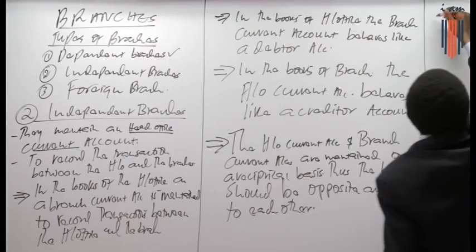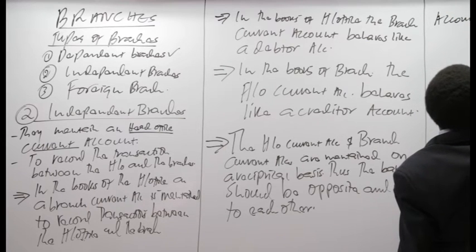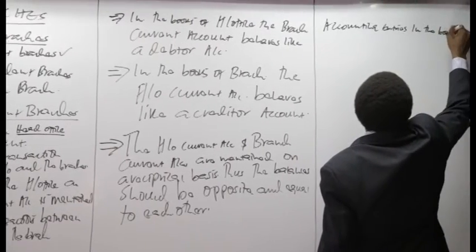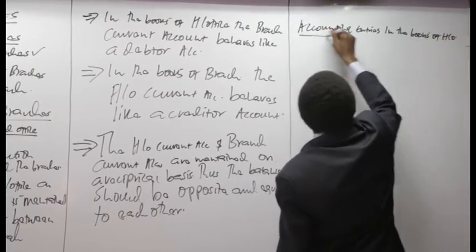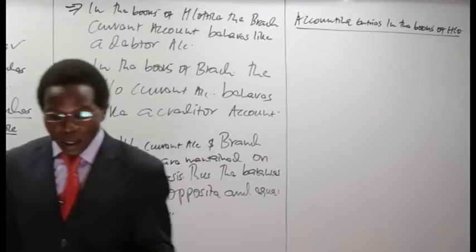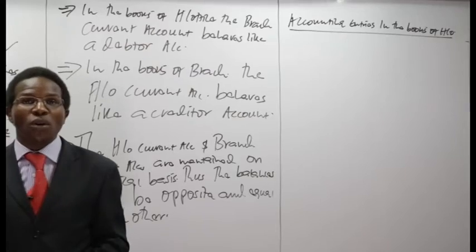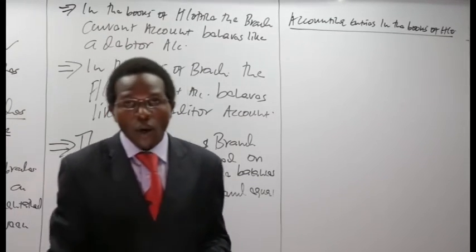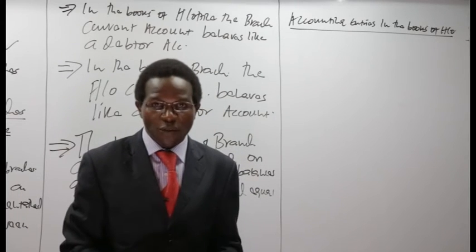Let's look at the accounting entries in the books of the head office. The main transactions we are going to look at are: when goods have been sent to the branch, what happens? What if the branch returns these goods back to the head office?